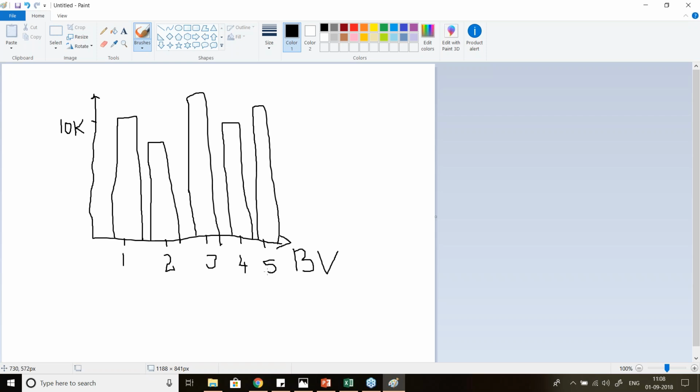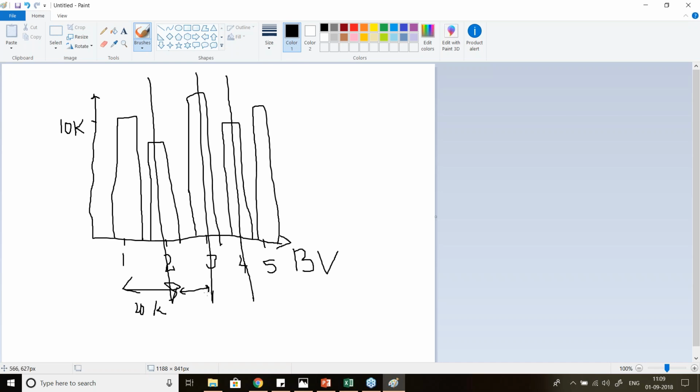Then I'll split this data into 4 parts, such that each part has an equal number of observations. That is, it has some 20k observations and all of them have 20, 20, 20, 20.